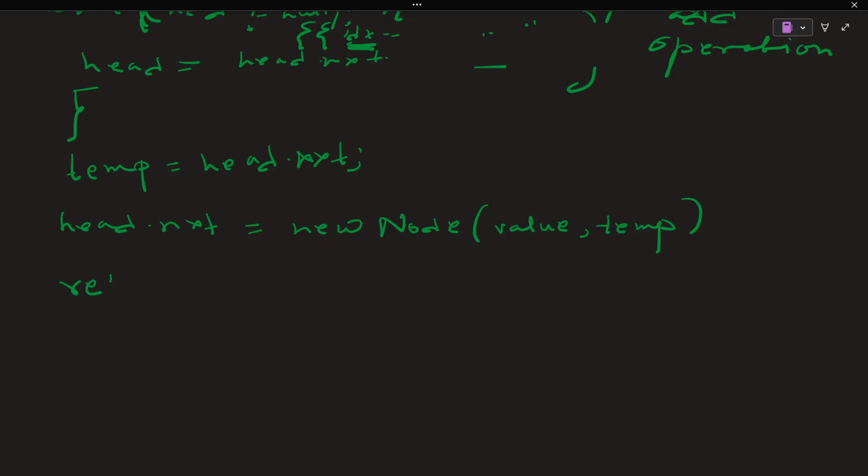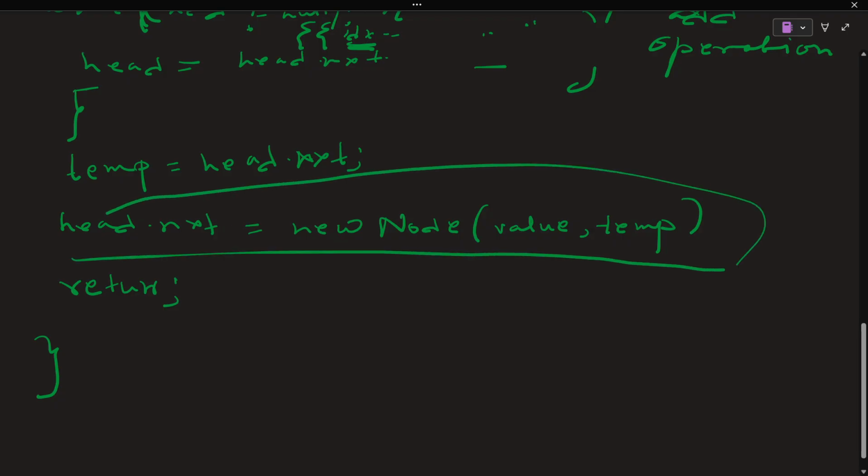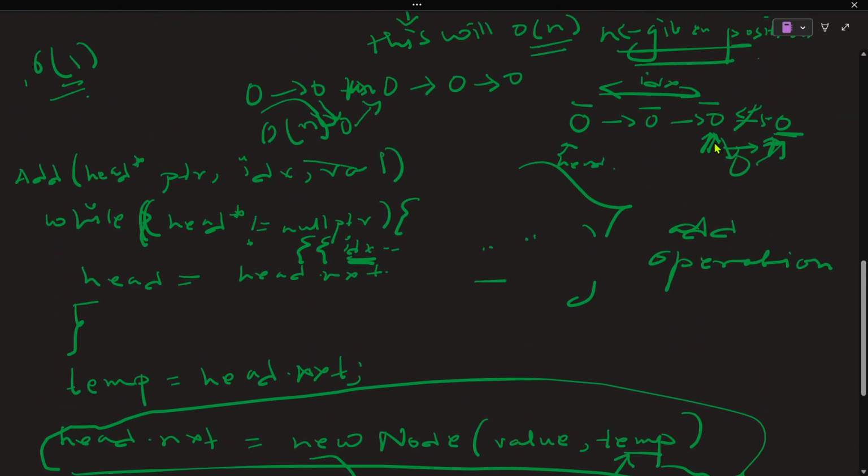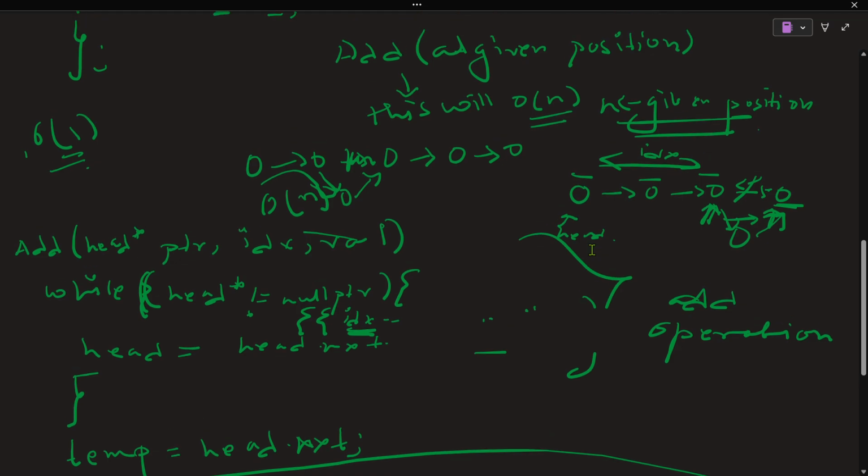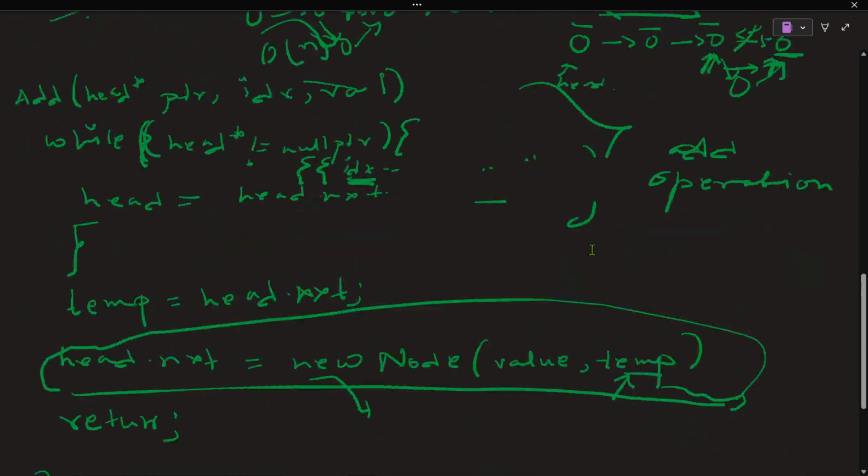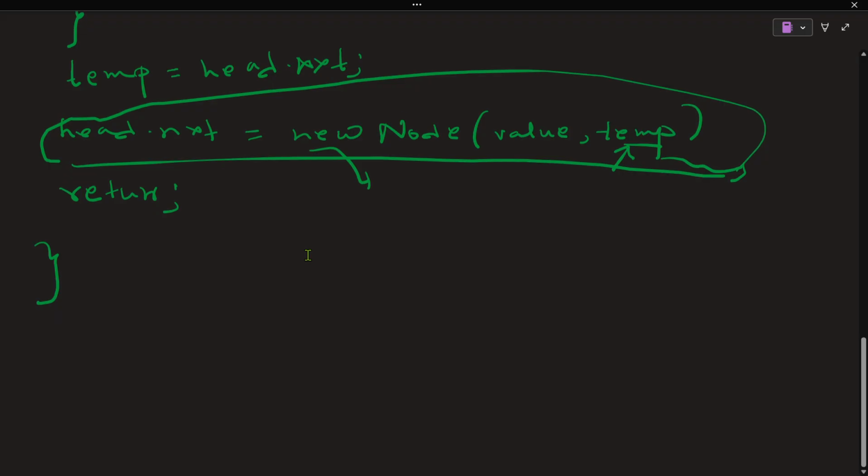Then we return; if it is void, we return void. So this is empty and this is closed. This over here is the element at the nth index, and then this joins the rest of the pointers, as shown above. This would happen. I believe I have done most of the part over here.